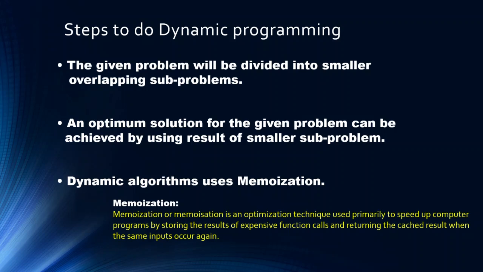So, again and again, when the same inputs occur, a particular storing technique is used, which is known as memoization. It is used for speeding up computer programs. So when the same result comes, it speeds up the programs, as it does not compute the same result again and again.